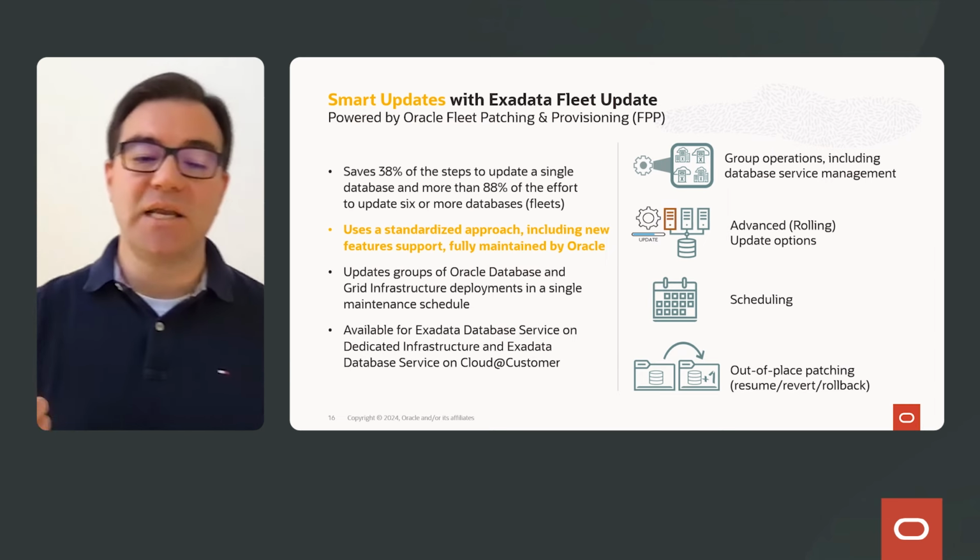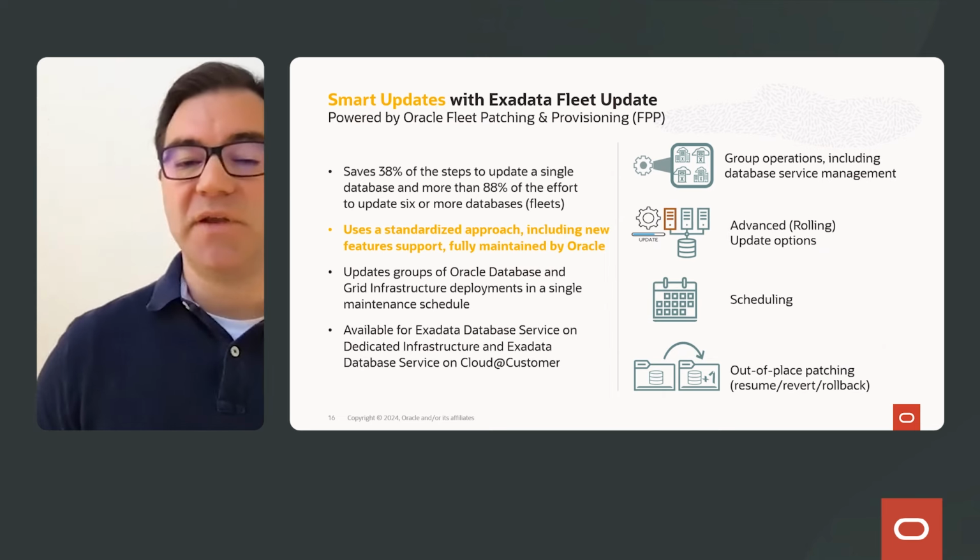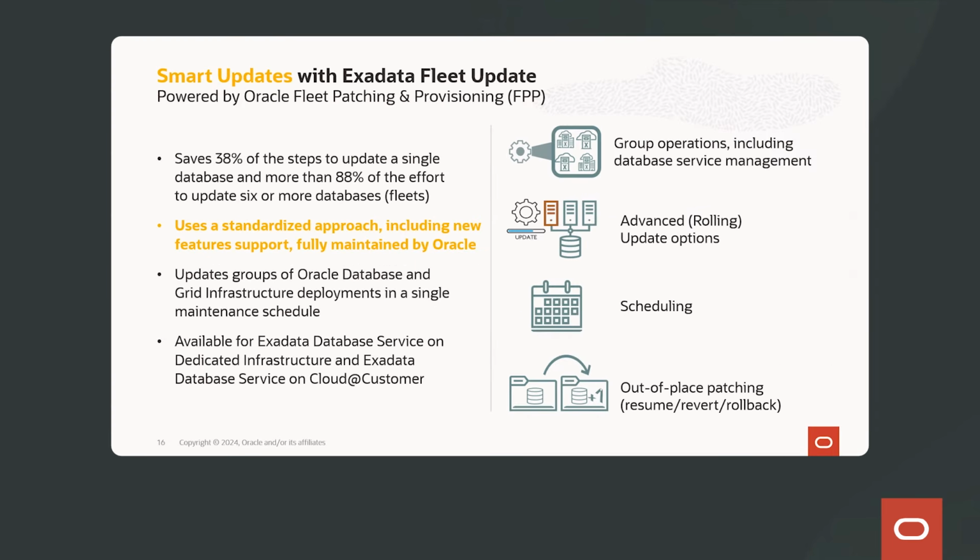And that's exactly where smart updates with Exadata Fleet Update come in. Smart updates are powered by fleet patching and provisioning, in short FPP, which is an on-premises tool that has been used by our customers for quite a long time to optimize patching and updating of their single instance databases, or fleets of databases, cluster instance databases on premises.